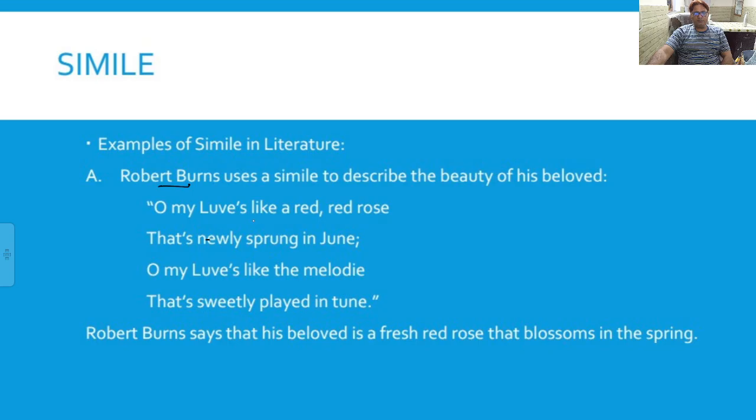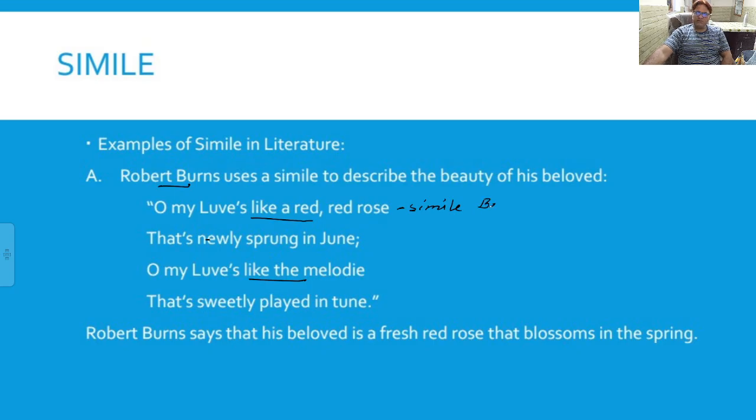Oh my love, like a red rose. Oh my love, like the melody. So in these two lines, we are observing simile. How is it simile? Now, let me explain it.